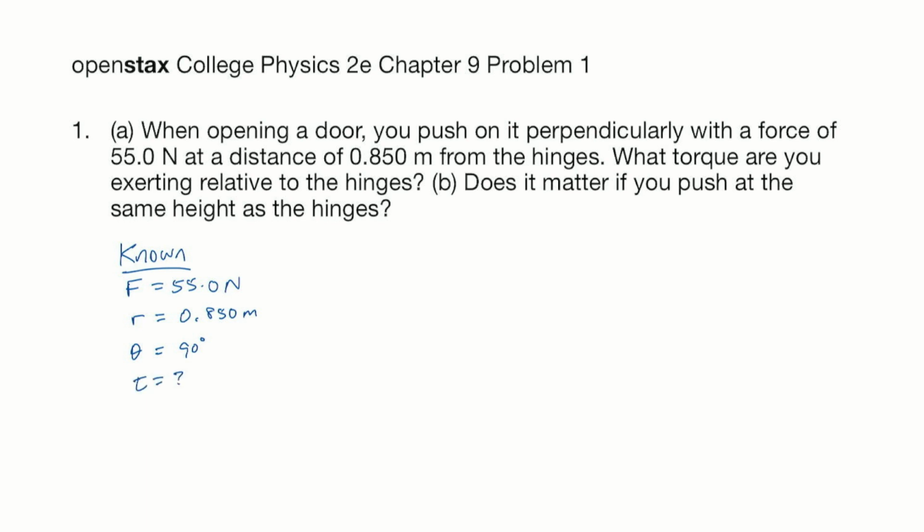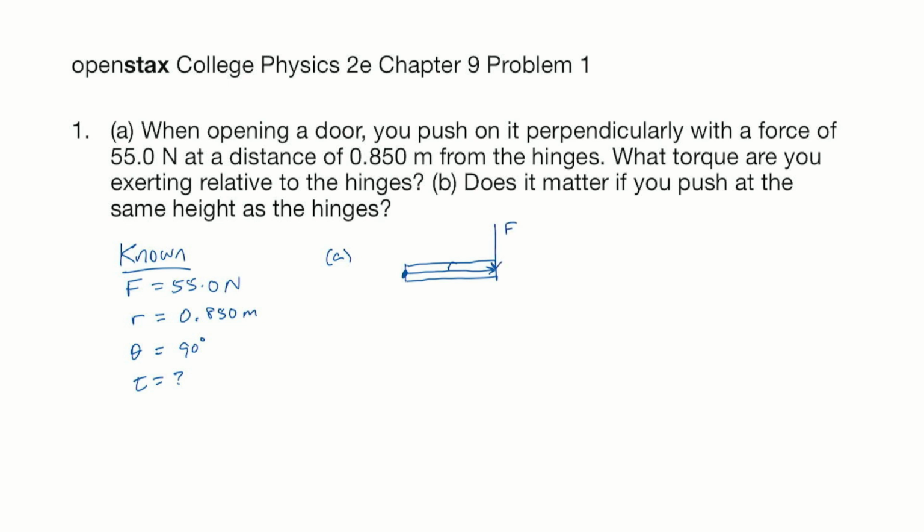Okay, so for part A, let's make our door look like this. Let's say this is the hinge side where the big dot is. So this will be our R vector. And let's just say we're pushing like this.